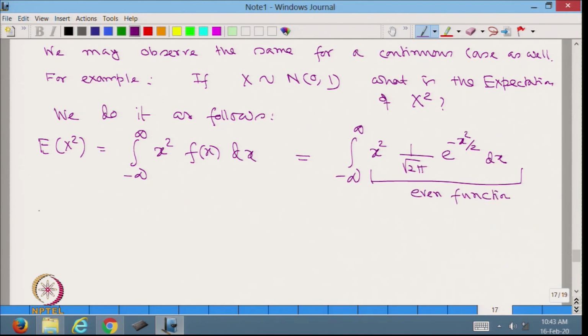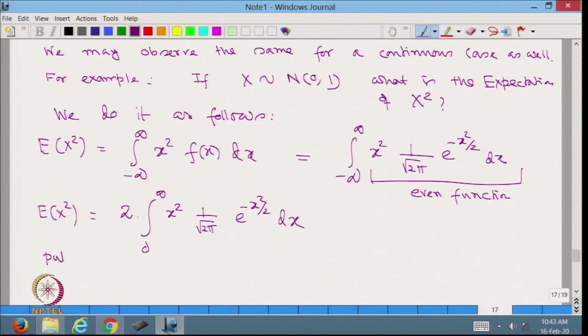Therefore, expectation of x square is equal to 2 into integration 0 to infinity x square 1 over root over 2 pi e to the power minus x square by 2 dx.